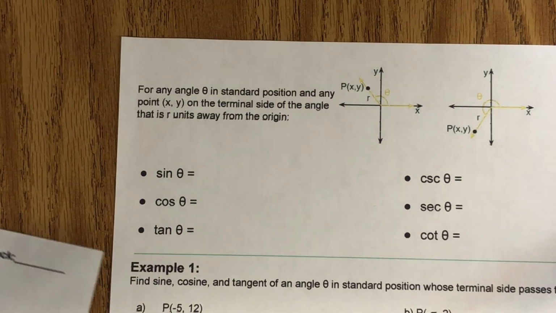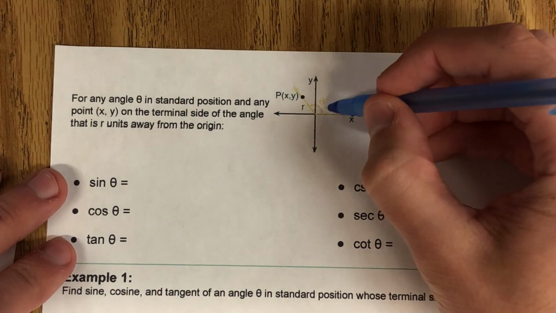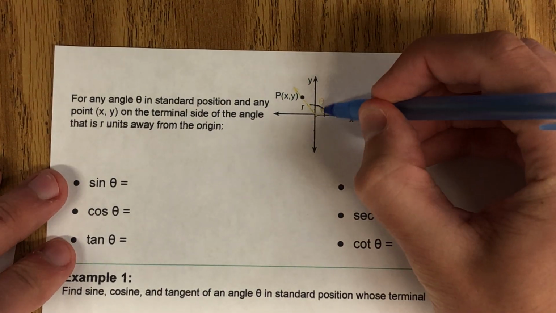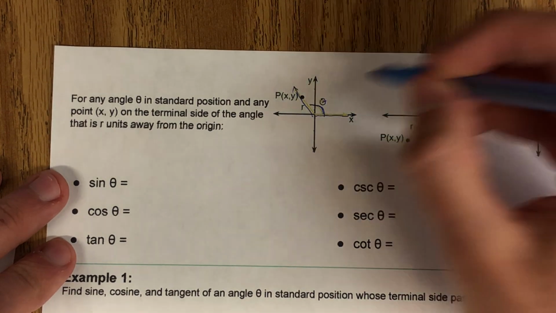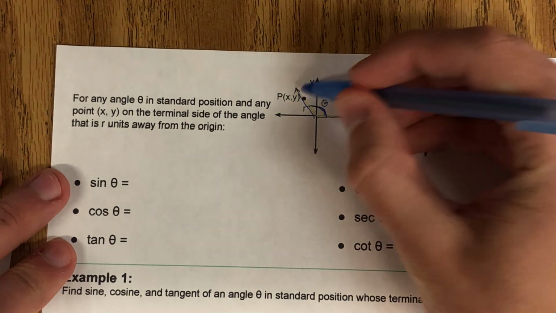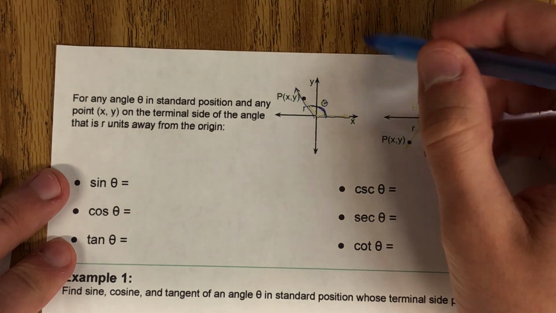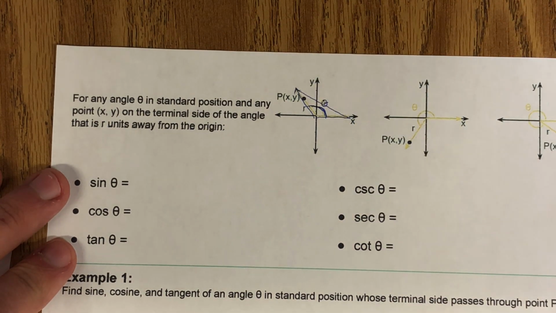The same idea would follow for any angle. Even if we have an angle that's large like this, I know it's a little hard to see, we can still find it in the same way by using trigonometry.